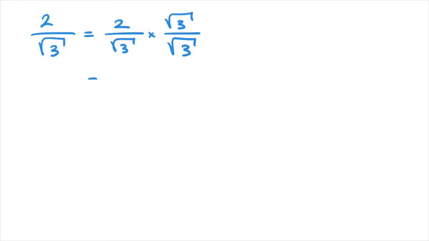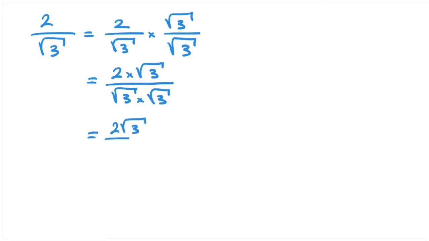In turn, that's equal to 2 times the square root of 3 over the square root of 3 times the square root of 3. And that's equal to 2 root 3 over 3. Remember, square root of 3 times square root of 3 equals 3. And there we have it. That's the answer.